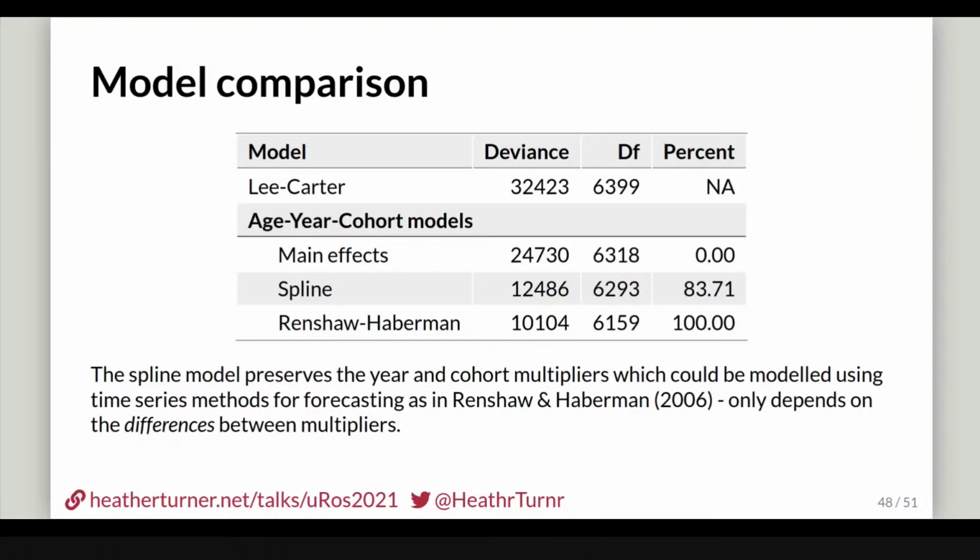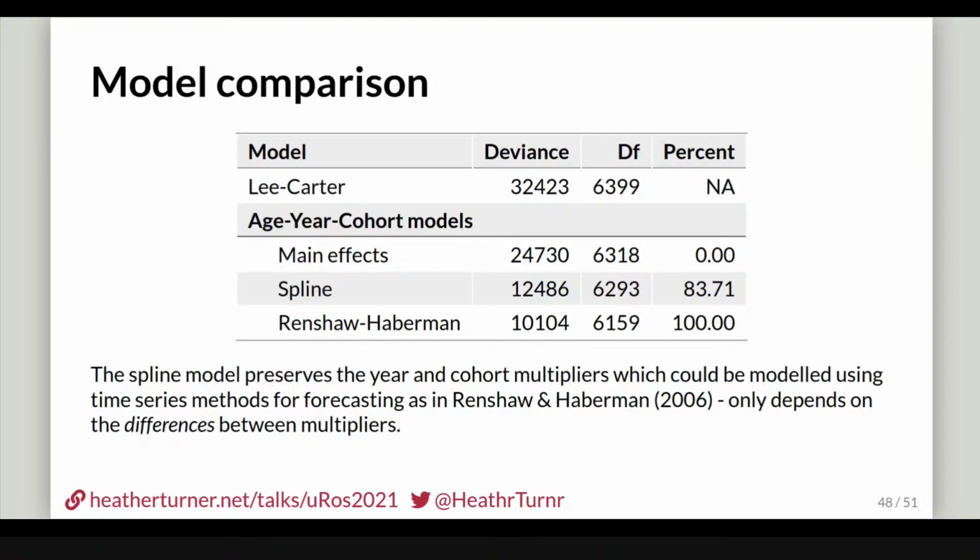And then our Renshaw-Haberman model, which is the extension with the age-cohort multiplier, is another big shift down to about 10,000 deviance.